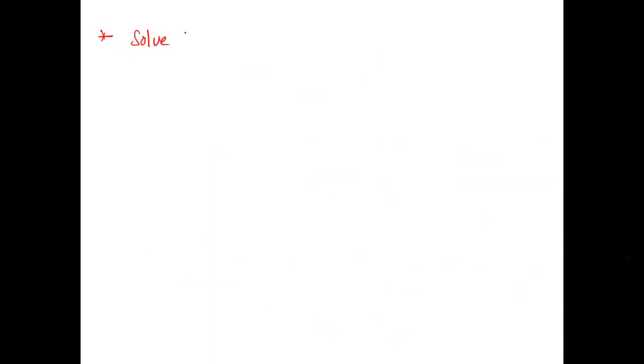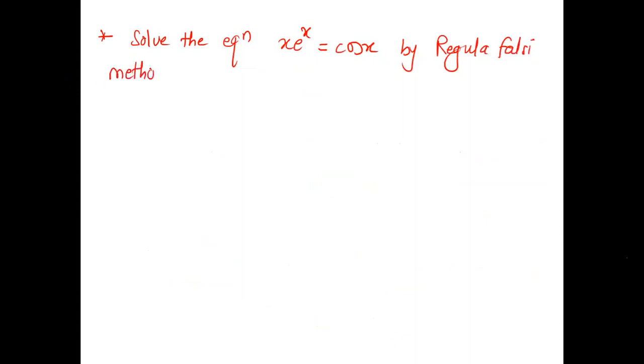Solve the equation x e raised to x is equal to cos x by the Regula Falsi method, correct up to 4 decimal places. This is given to you.